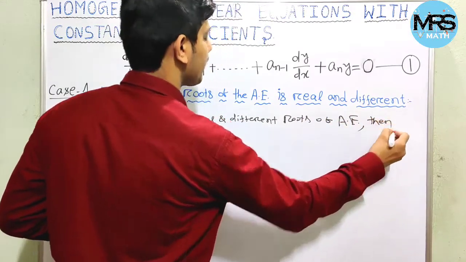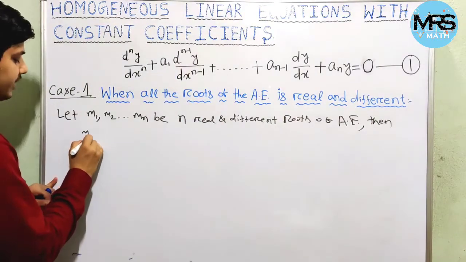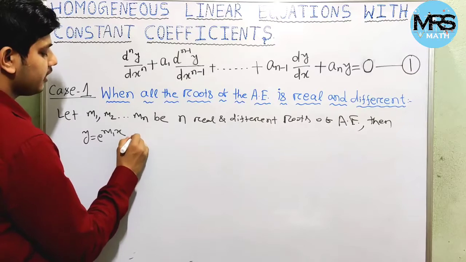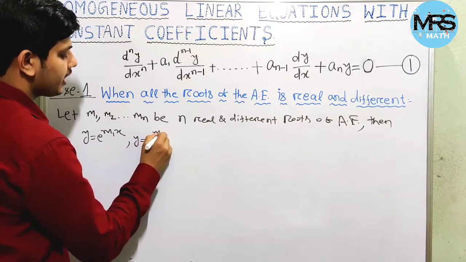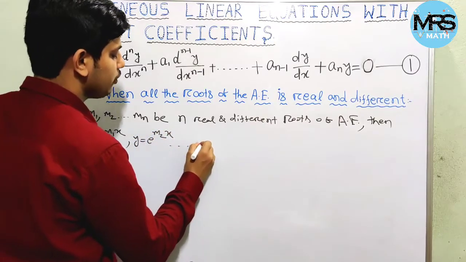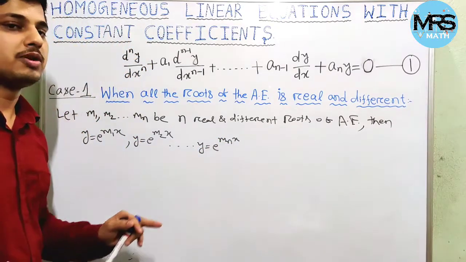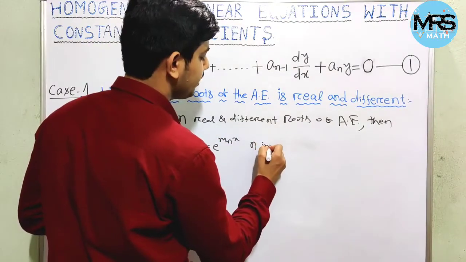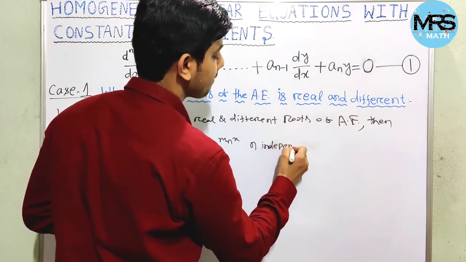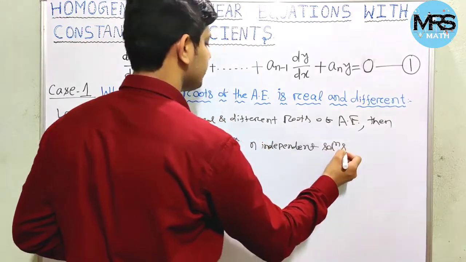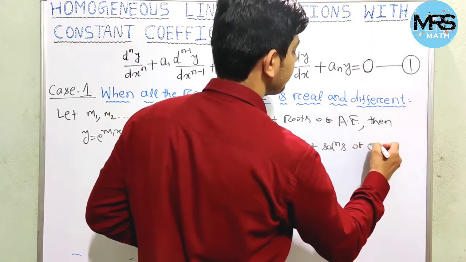Then you can write y equal to e to the power m1x, y equal to e to the power m2x, similarly y equal to e to the power mnx, which will be independent solutions of equation 1.